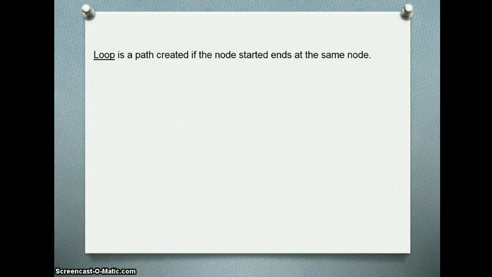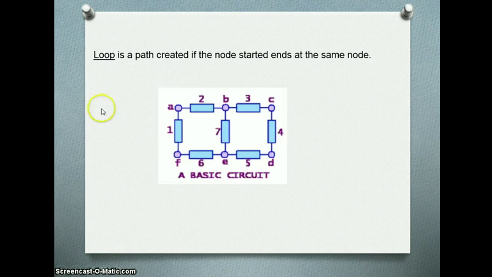Now the next topic, what is meant by loop? So loop is nothing but a closed path. Closed means the starting node and the ending node are the same. If you look at this example, how many loops can you identify?